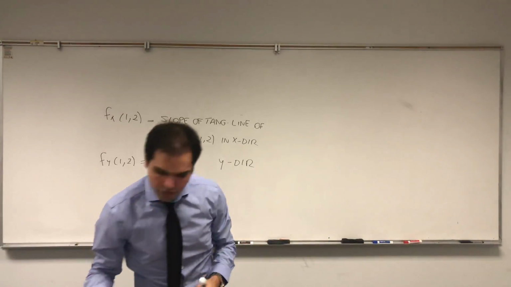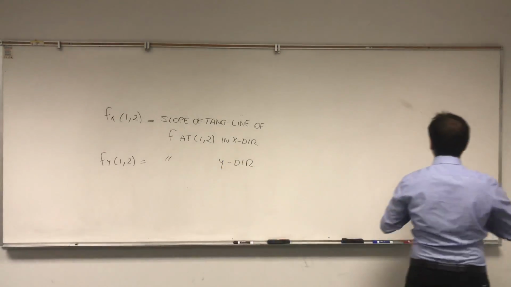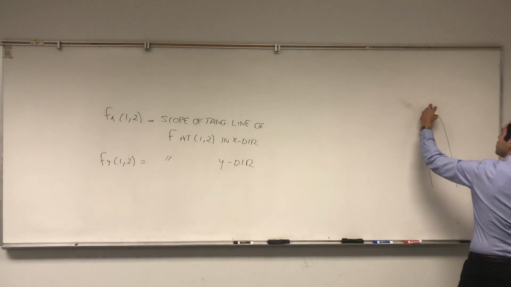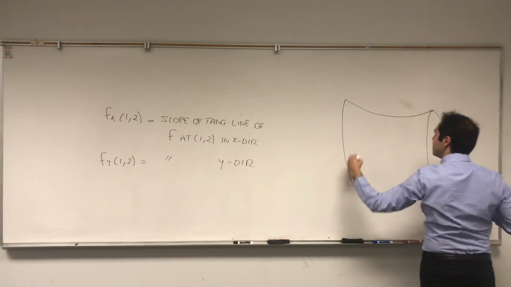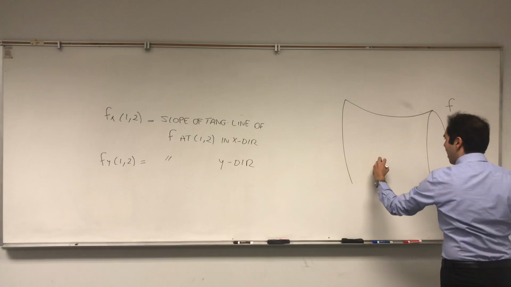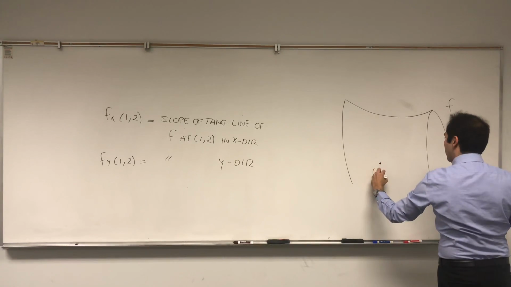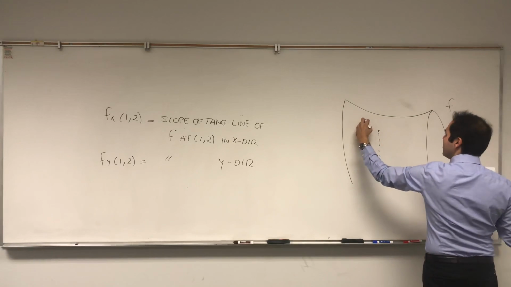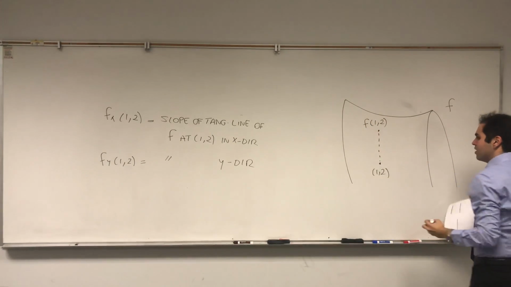So again, you have your function f, which looks something like that. Again, this is f. On the other hand, you have the point (1, 2). And if you go up, take the elevator up, you have f(1, 2).